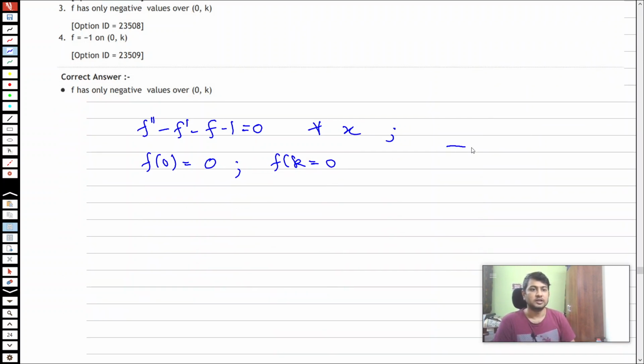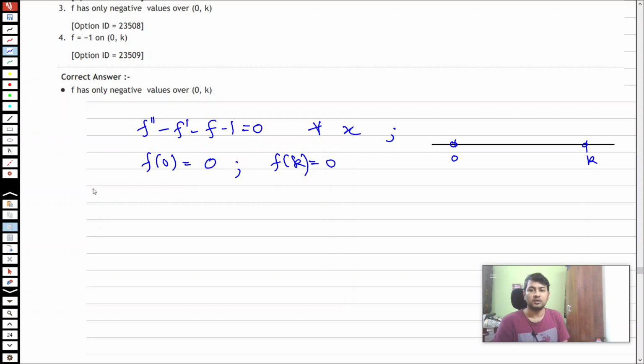So basically, on the real axis there are some points 0 and k over which this function takes value 0, right? Now I am asked about the functional values between 0 and k.